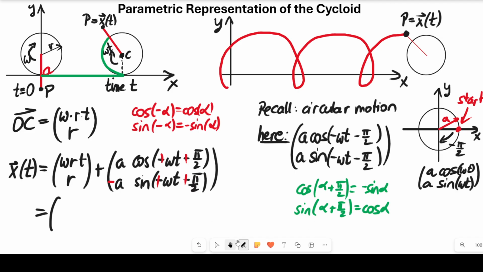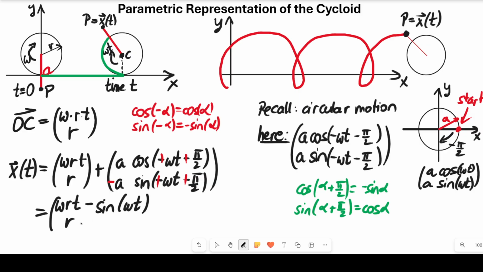So what does this mean here? In total, we have omega t and r. And instead of cosine of omega t plus pi half, I write minus sine of omega t. And similarly, here a minus already was there.